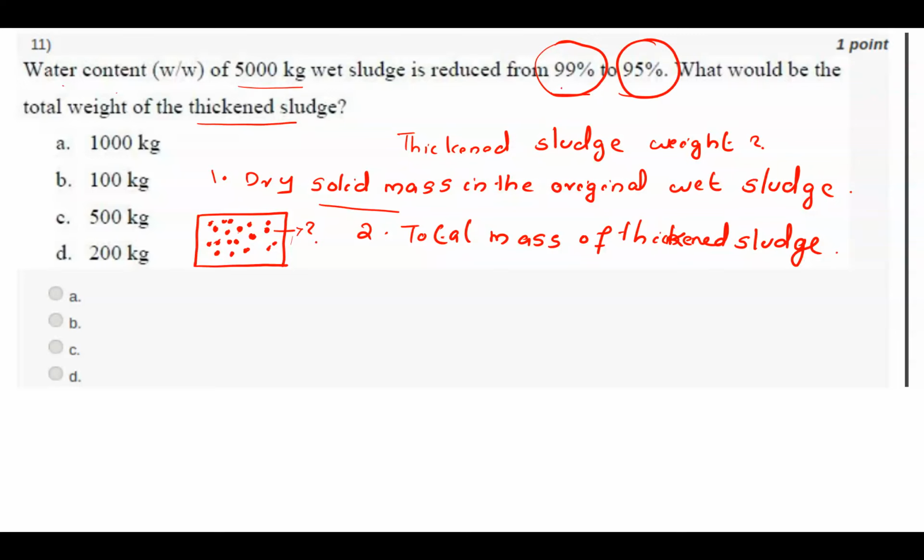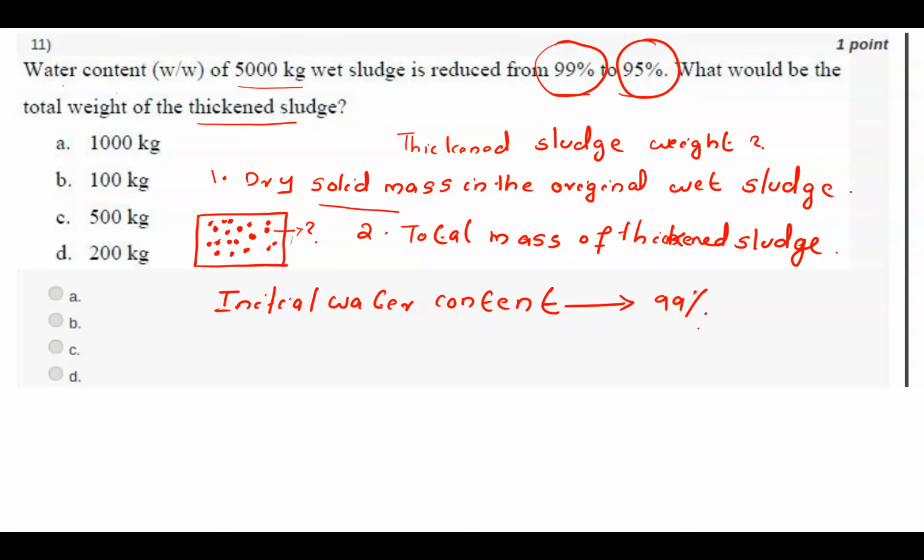So initial is 99 percent wet. This statement means the initial water content. What will be the initial water content? 99 percent water content.